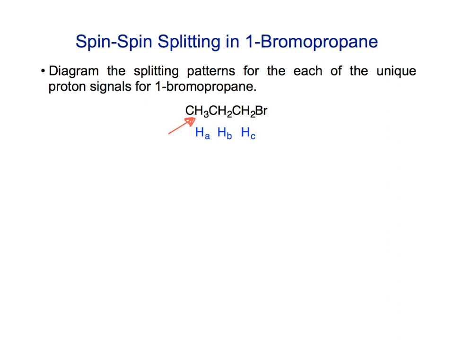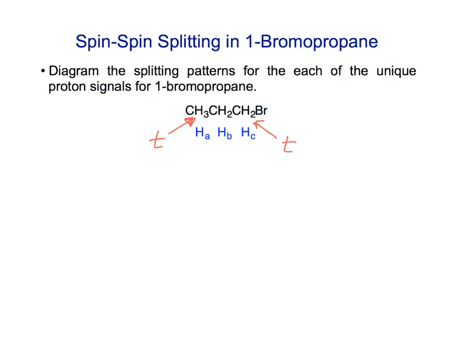There's a CH2 next to it, so 2 plus 1, we'd observe a triplet for the methyl group. The other one that's straightforward, at least in my mind, is the CH2 next to the bromine. What kind of splitting pattern would that have? It would also be a triplet, because it also has a CH2 next to it.